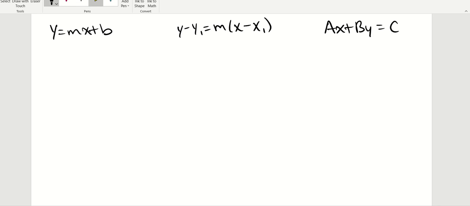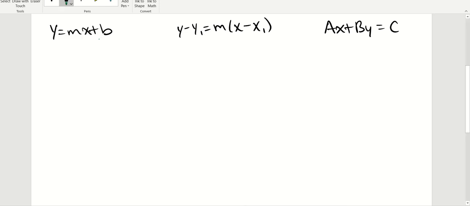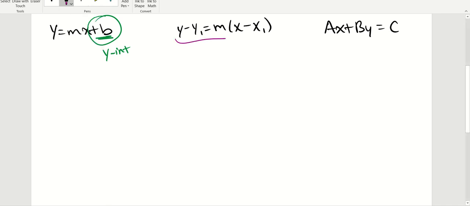So the slope-intercept form is meant for you to just recognize the y-intercept right here for the b. The b is your y-intercept, just by looking at it. With the point slope form, this doesn't give you any intercepts, just by looking at it. So you cannot recognize any intercepts.